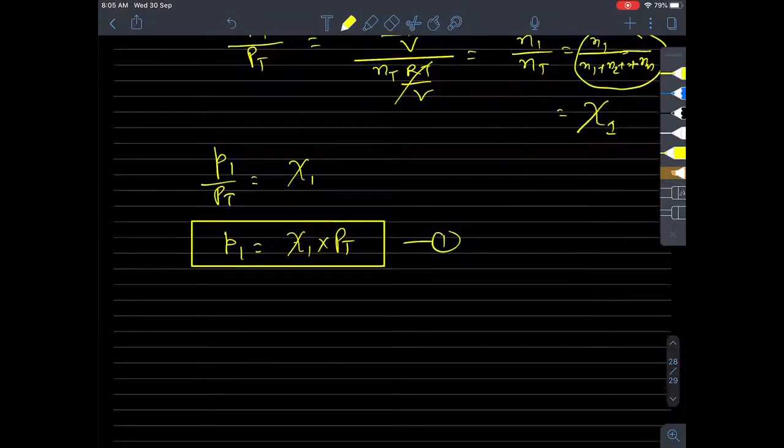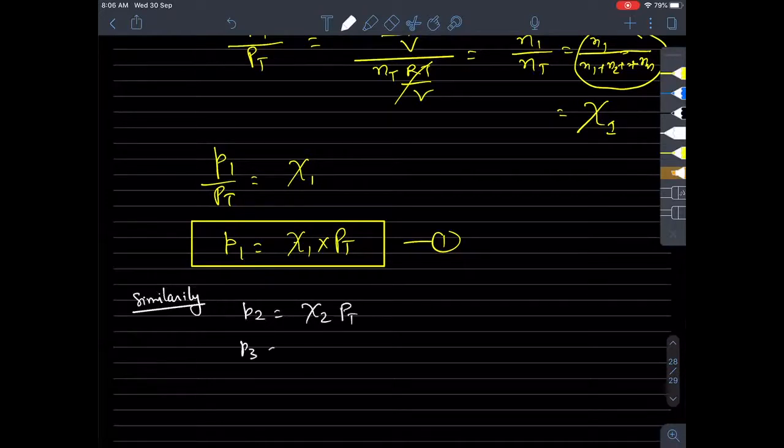Alright guys. And similarly, P2 is equal to x2 into Pt.